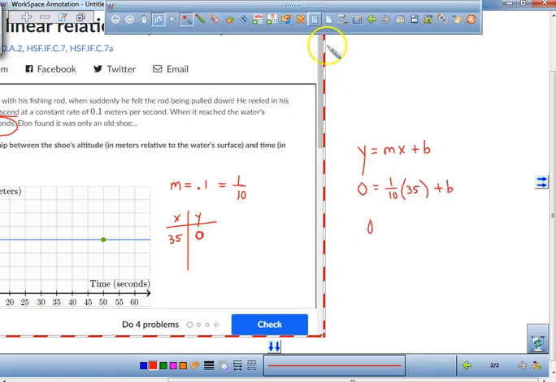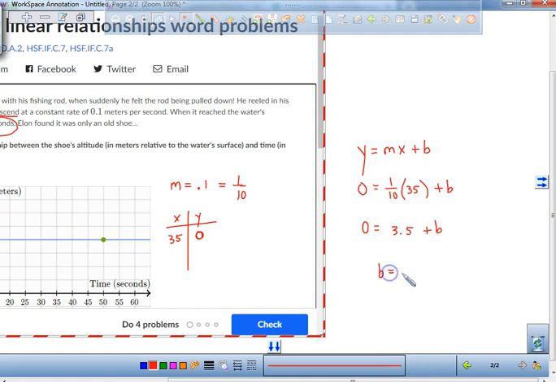Here we go. 0 equals 35 times 1/10, which is 3.5, plus b. Looks like b is equal to a negative 3.5 if I subtract 3.5 from both sides.